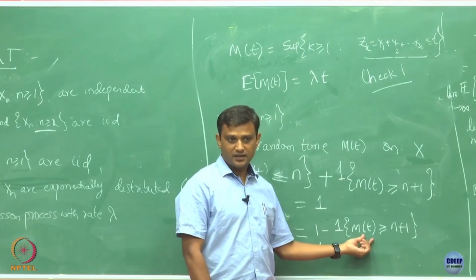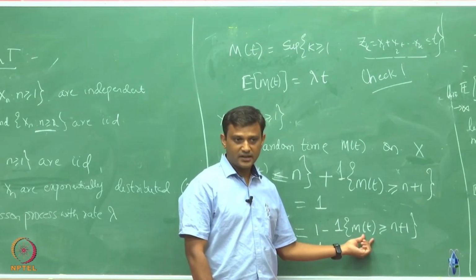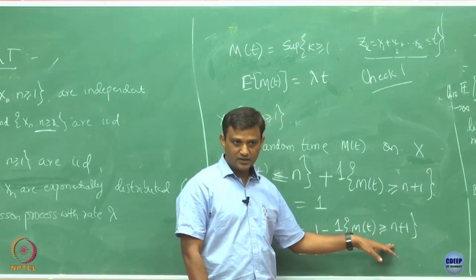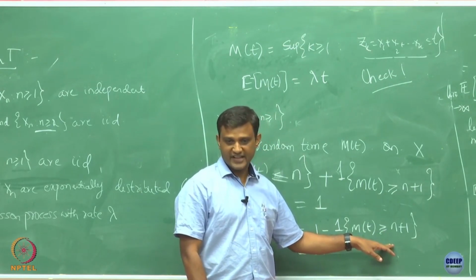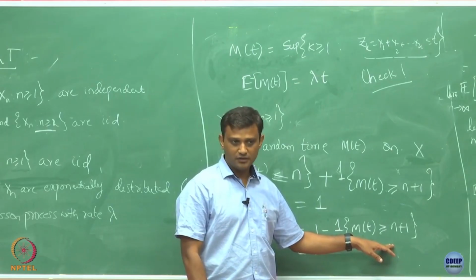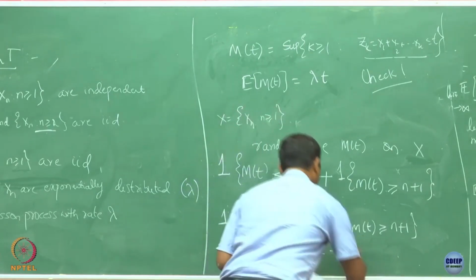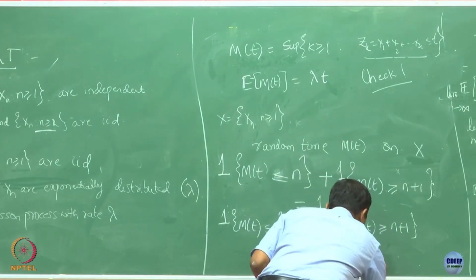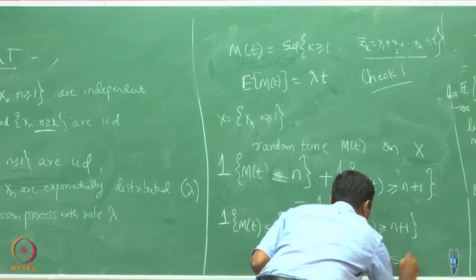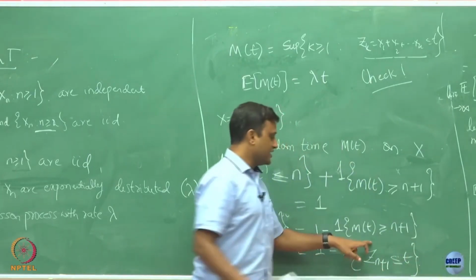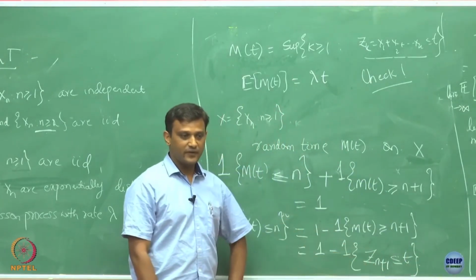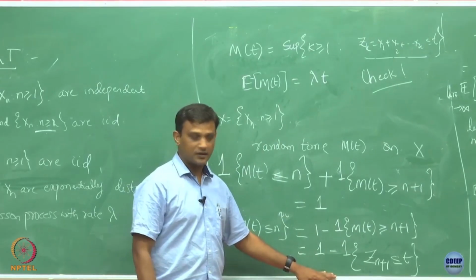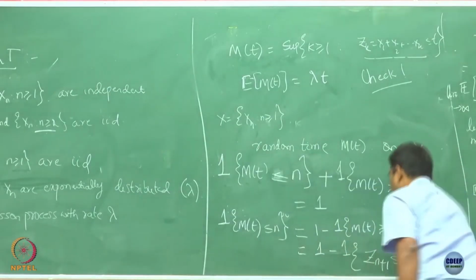We have already said that m of t being greater than or equal to n plus 1, in terms of Z n plus 1, means that Z n plus 1 has to be less than or equal to t. We have argued that these two are the same events, right? So both must be equal. Now let us see this.